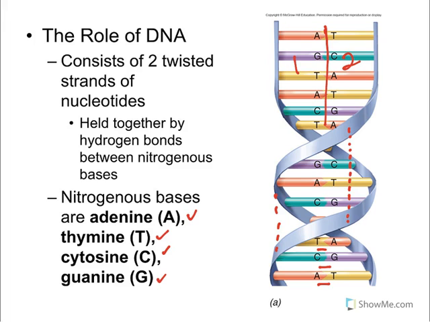And like I told you in Chapter 2, what's really impressive is that the way all of this comes together tells me who you are. I think that is really impressive. All of this is the instructions to make everything about you, from your eye color to whether you're male or female, to whether you're going to get cancer or not.